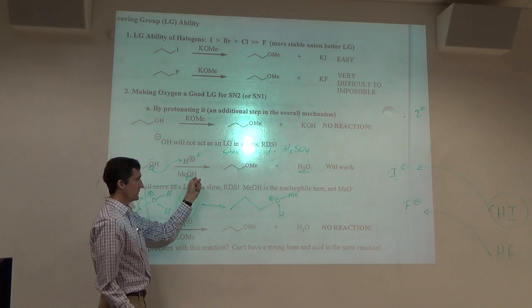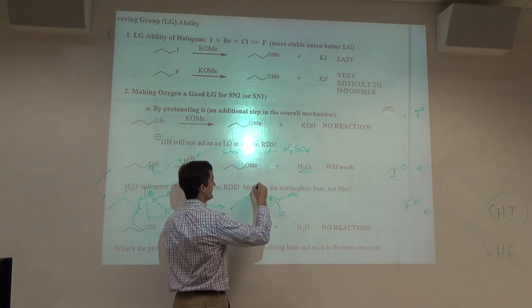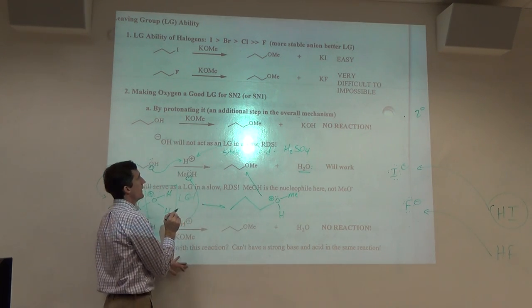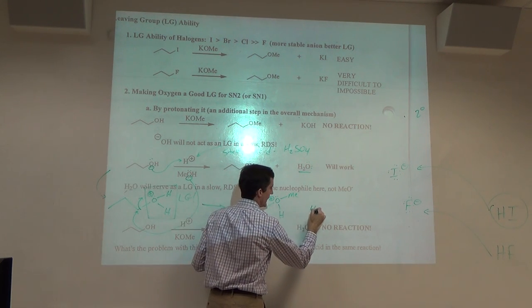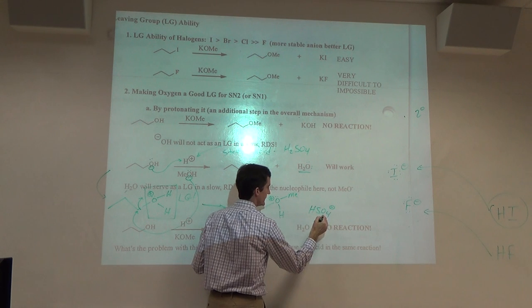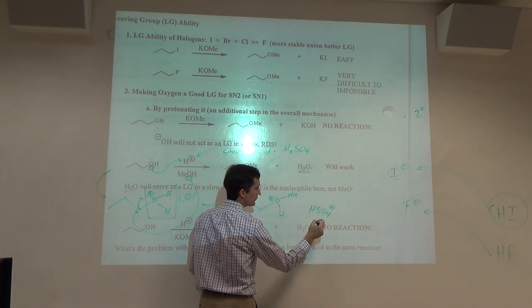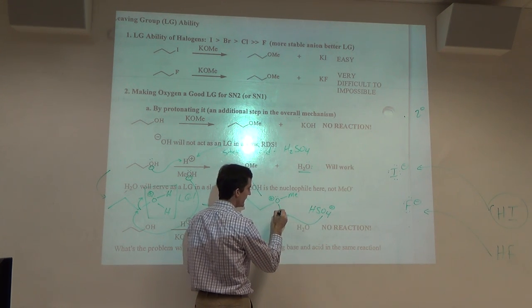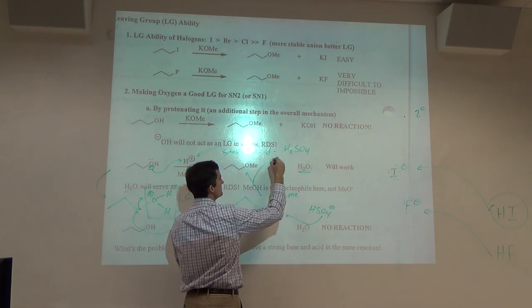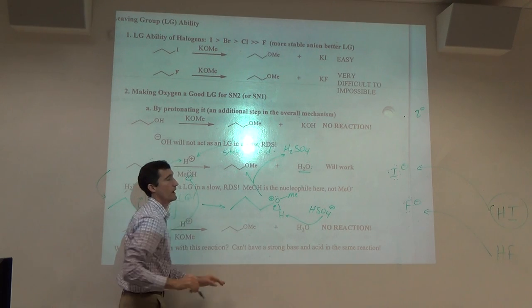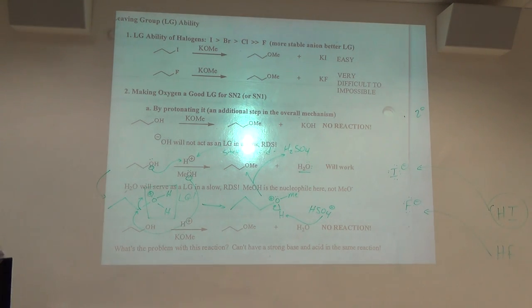And lost that H. Now where did we lose it? How do we get rid of it to get final product? Something has to take it. We got HSO4 minus that can take it. It's okay not to show full Lewis structure here. Take the H, these stay behind. We make that. What do we reform? We reform our acid catalyst.